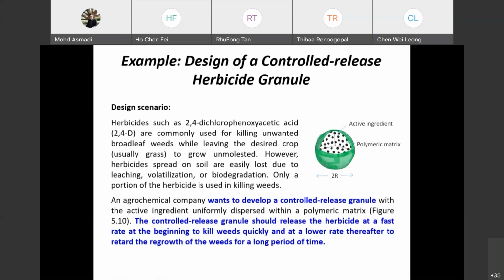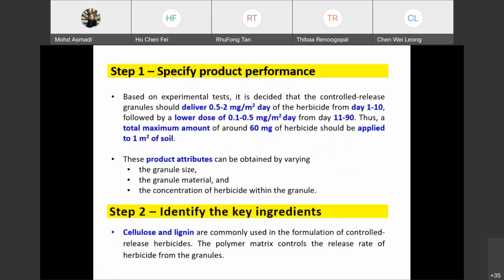So the first step is to specify the product's performance, which we identify from the experimental test.